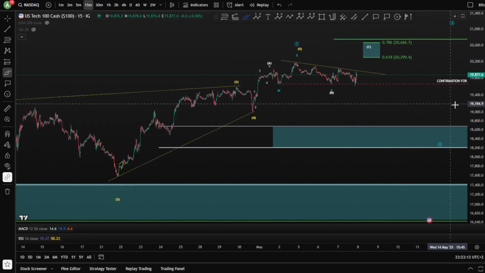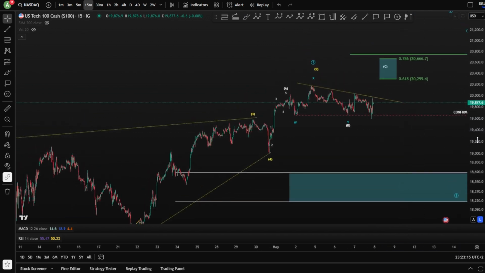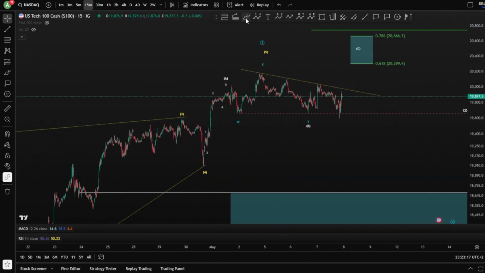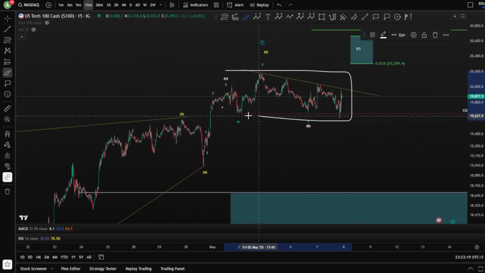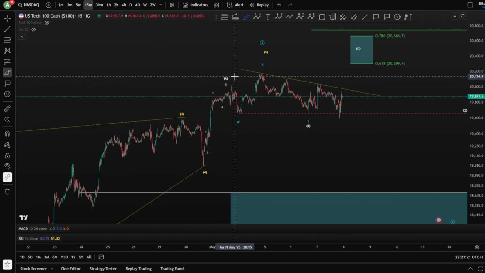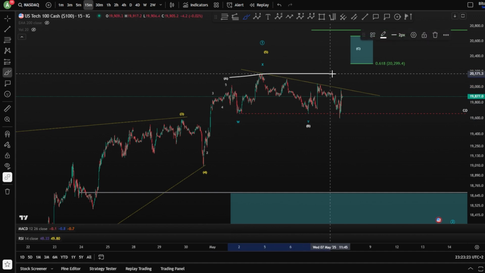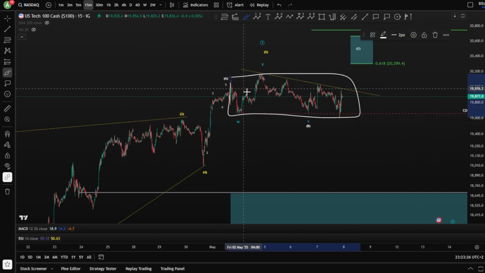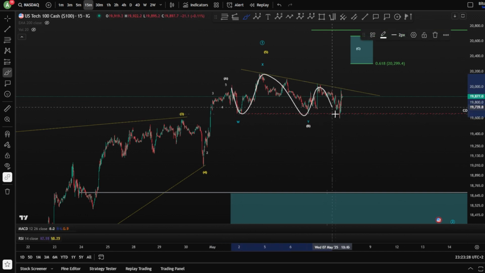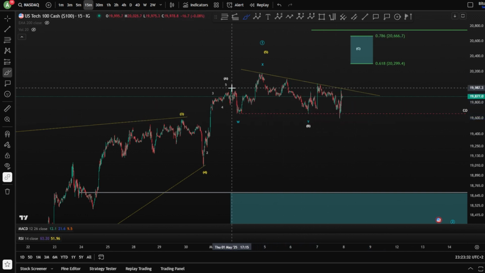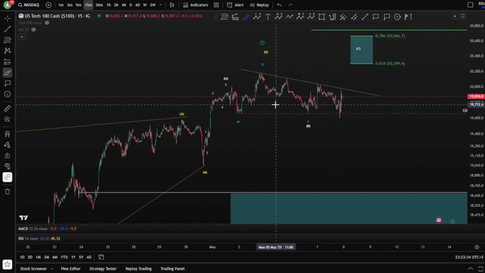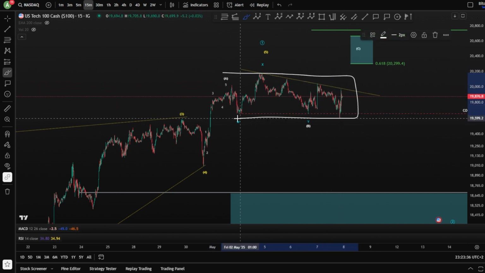Now, I don't want to give a scenario that might not be very clear, and I don't see clarity here yet. And that means we have to be very precautious. We have to stay out a little bit to see clearer price action, because we simply see volatility and just sideways, right? But what it says is that we are corrective, okay?